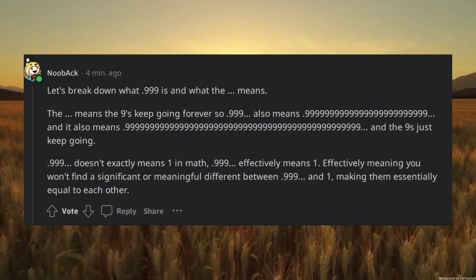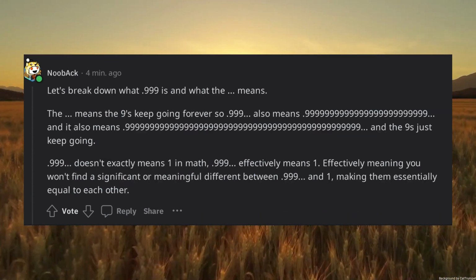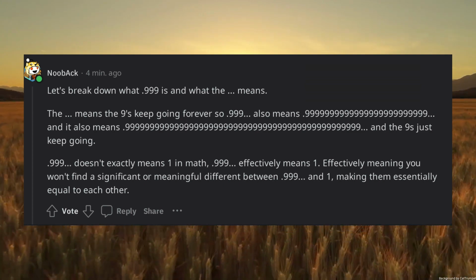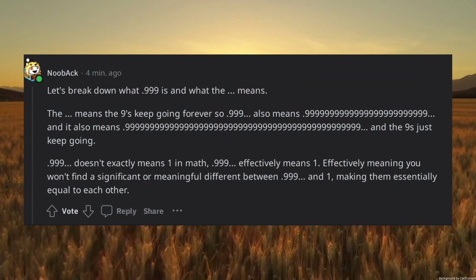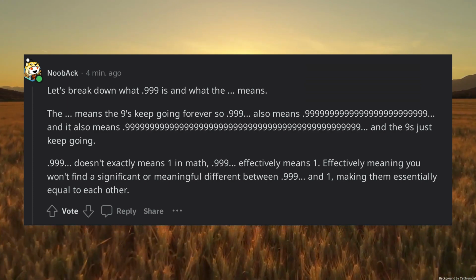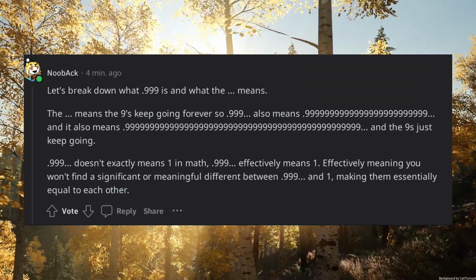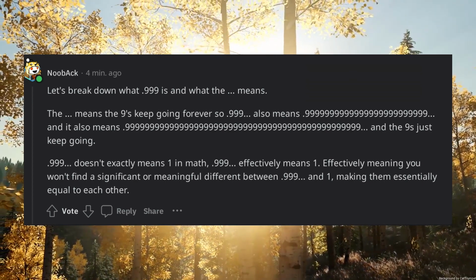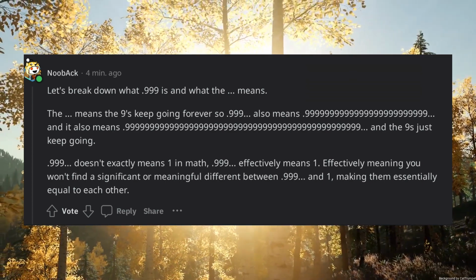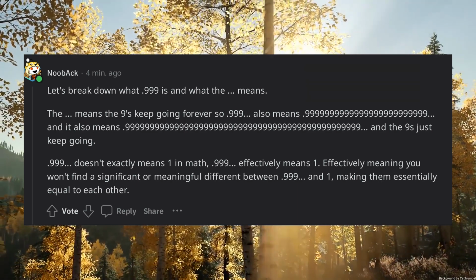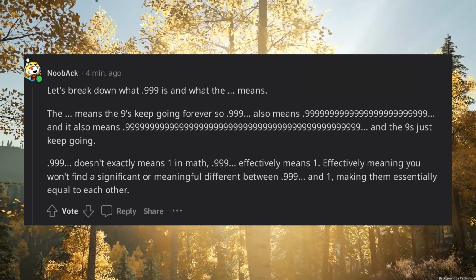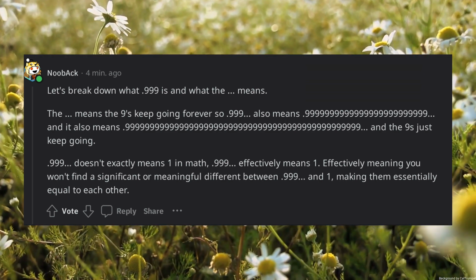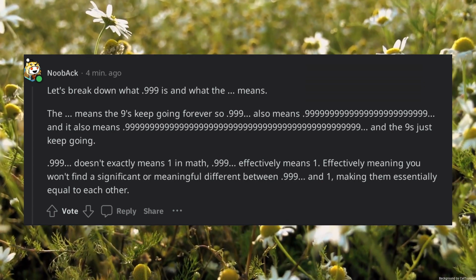Confused? Here is a Tom Scott video that kinda gets to the same point with a description of floating point. Let's break down what 0.999... is and what the dots mean. The dots mean the nines keep going forever, so 0.999... also means 0.999999999999999999999, and it also means 0.9999999999999999999999999999999, and the nines just keep going. 0.999... doesn't exactly mean 1 in math, 0.999... effectively means 1.